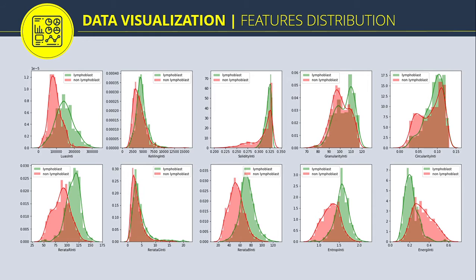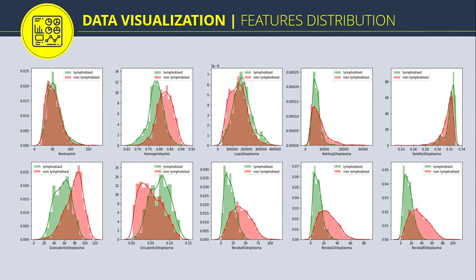And we also visualize the distribution of each feature. We can see that each label has a similar distribution to the other, but there are some features that give a significant difference, like average RGB or others that have positive correlation to the label.